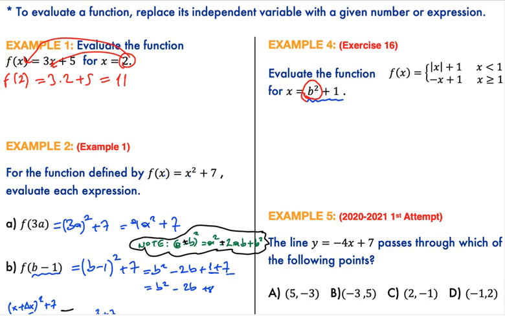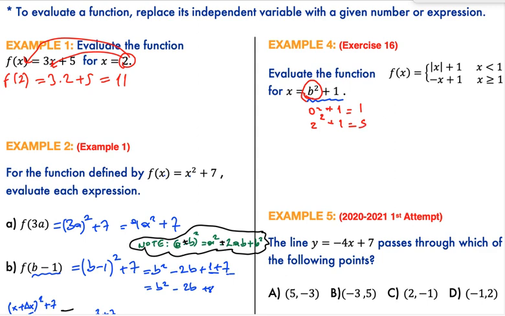No matter what number you try for b, you'll never get a negative number. If you try 0, it's gonna be 1. If you try a positive number, like let's say 2 squared plus 1, it's gonna be a positive number greater than 1.